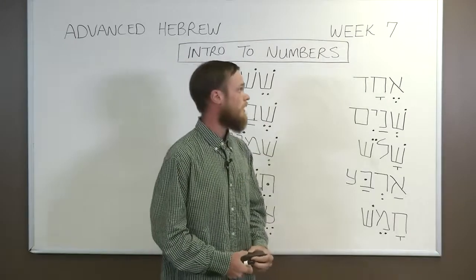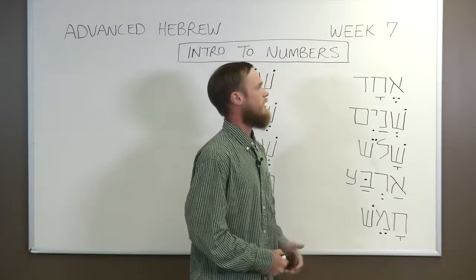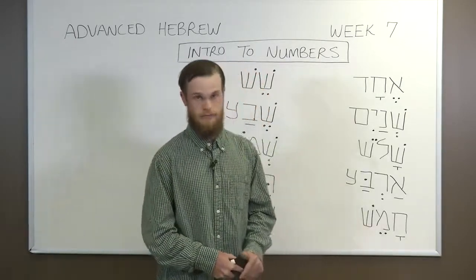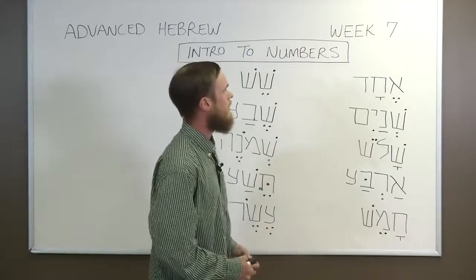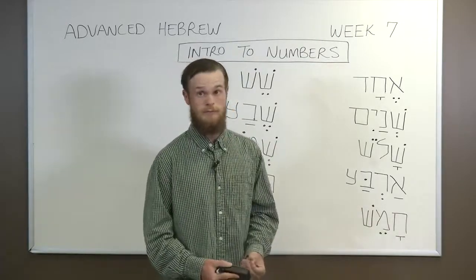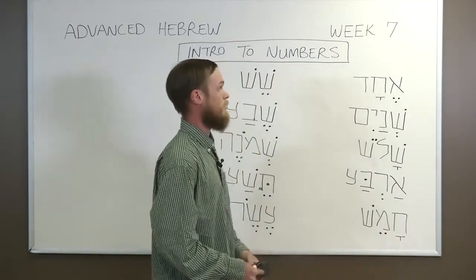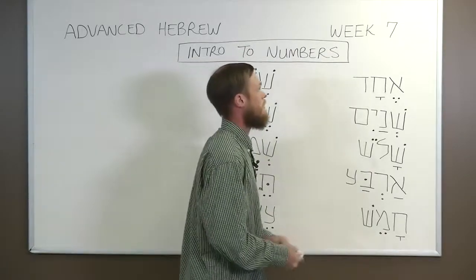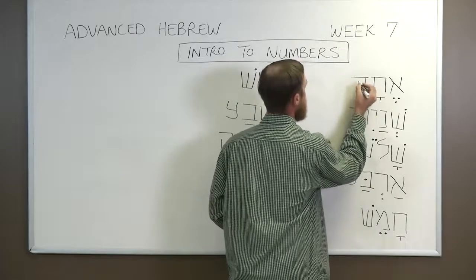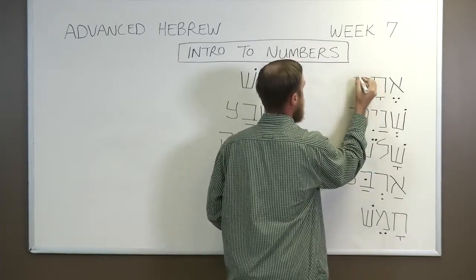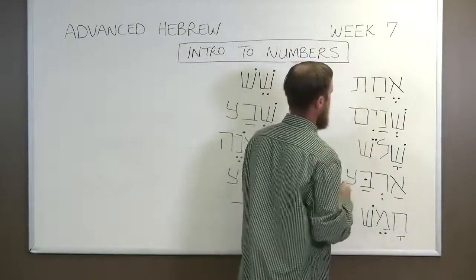Sus echad. Actually, let's go with 1 man, ish echad, okay, for parity. Because when we say 1 woman, okay, woman is isha, and woman is feminine, so we need the feminine form of 1, which happens to be achat.